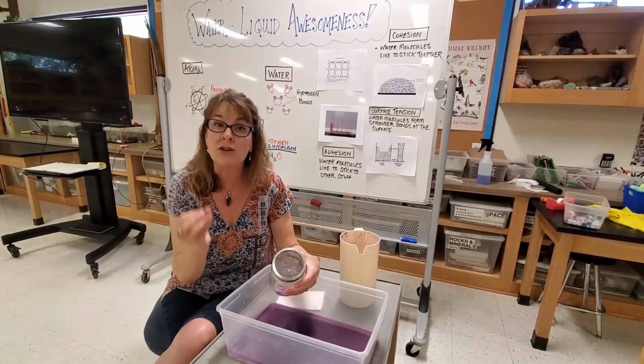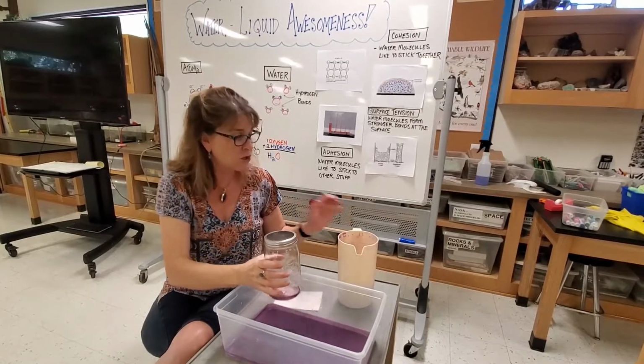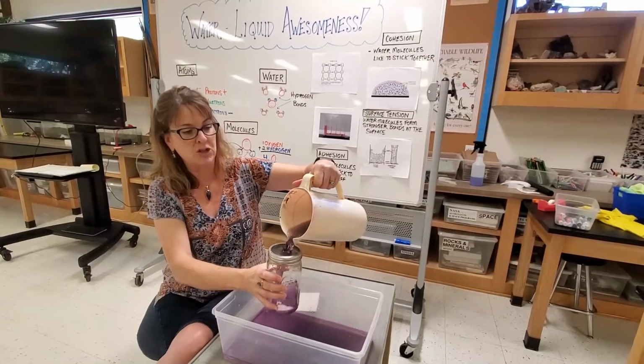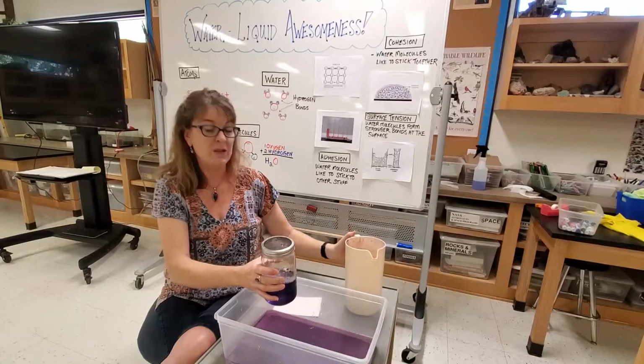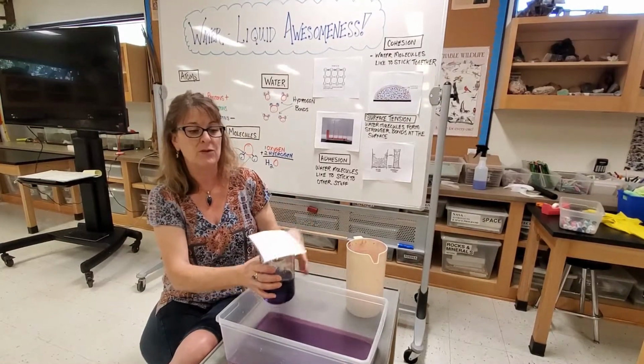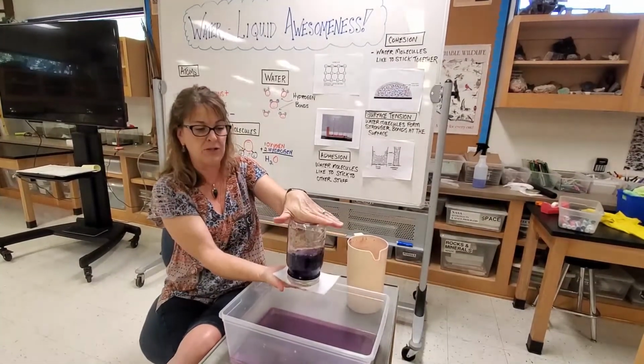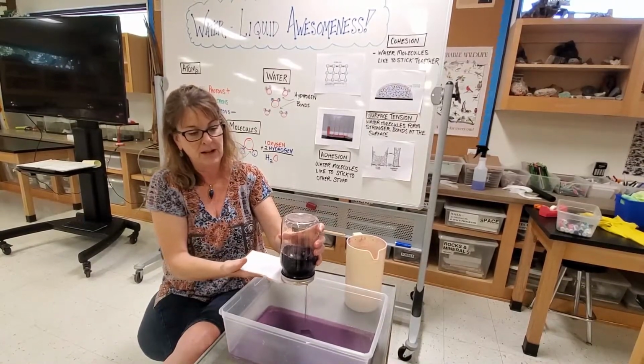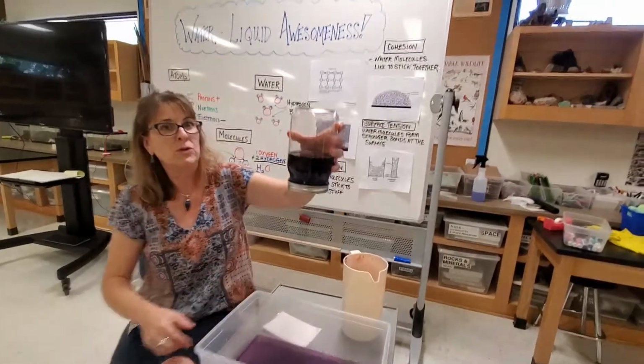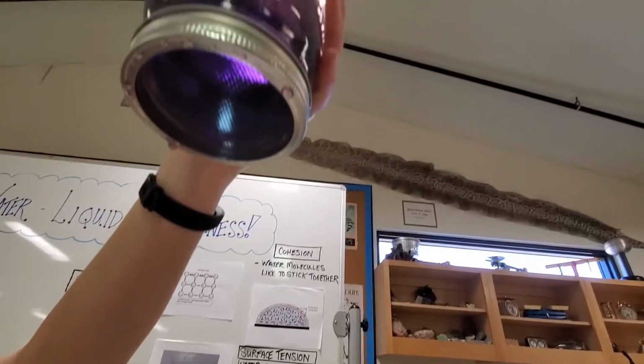And that surface tension is so strong that if you give it a little bit of help so the water molecules don't tumble out immediately, it allows you to hold the water in the jar.